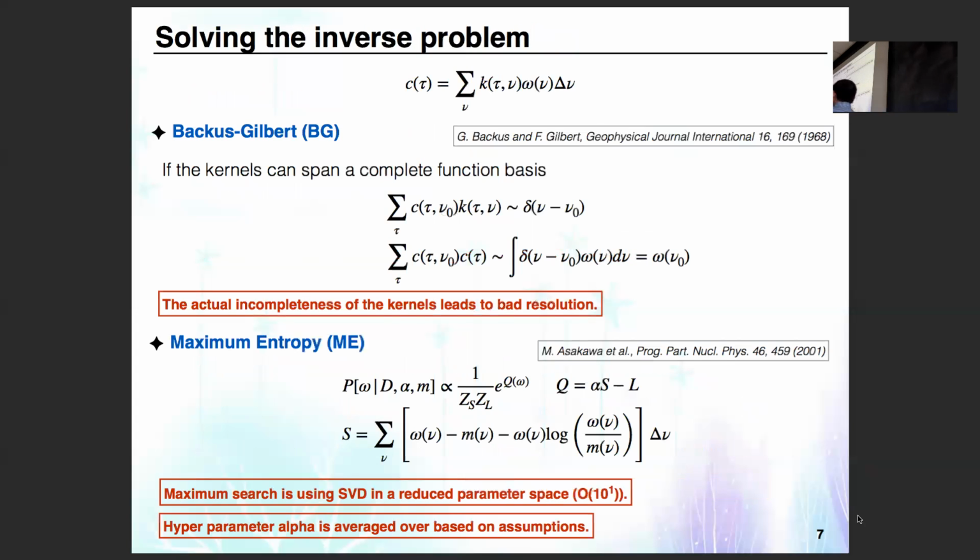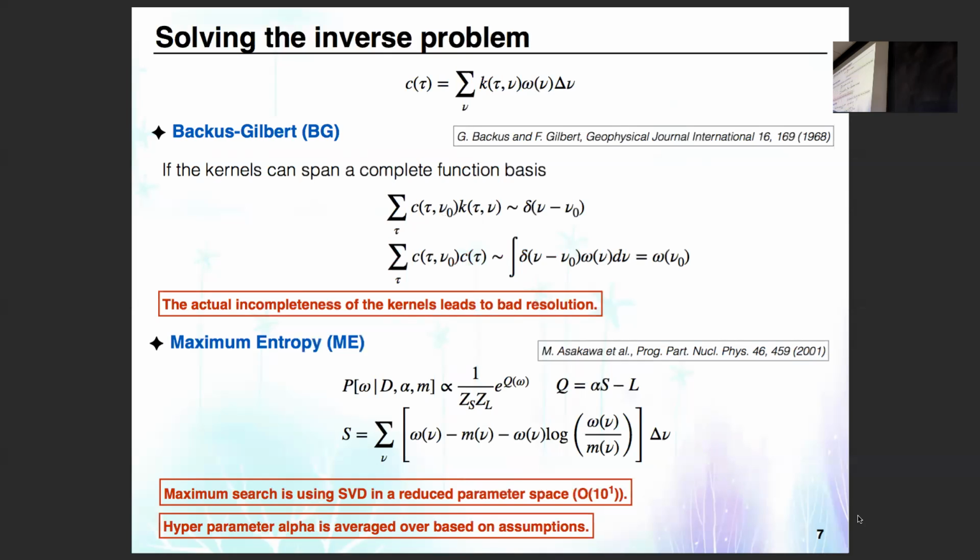The first method we can use is called the Backus-Gilbert method. It rests on the fact that if we have many of these kernel functions, then the kernel functions can span a complete function basis. Then we can find a set of coefficients which can combine the kernels to be something like that function.